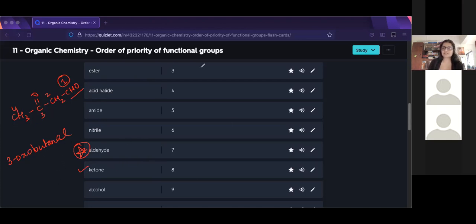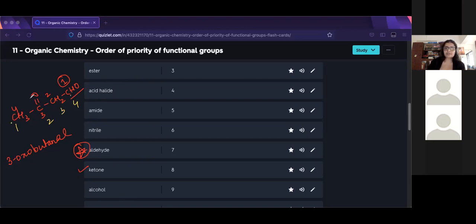That's the importance of this. So that's how we decide what number to give, so that we can make the name for the compound. It will help you decide. I can start numbering from here also, right? I can start 1, 2, 3, 4. Now, should I start from this side or this side?